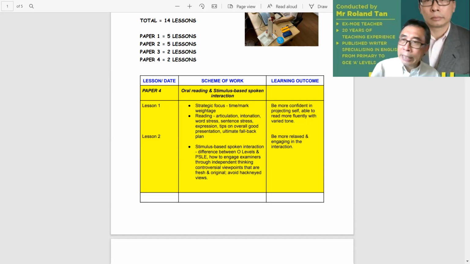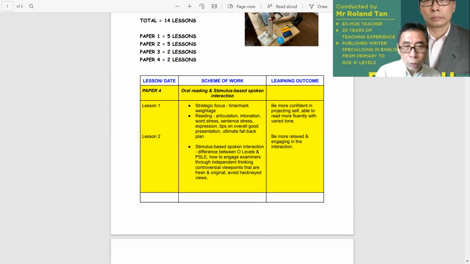This syllabication skill is very important for you to be able to intonate your reading well. Besides the word stress, we also need to look at the sentence stress, which is about stressing the word in a sentence, choosing which word you want to emphasize. So at the end of this lesson, you'll be more confident in projecting yourself, able to read more fluently and with varied tone.